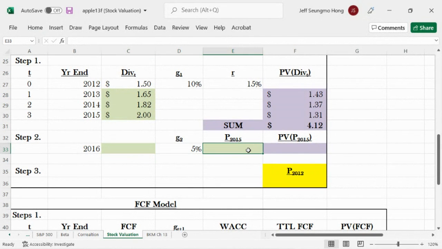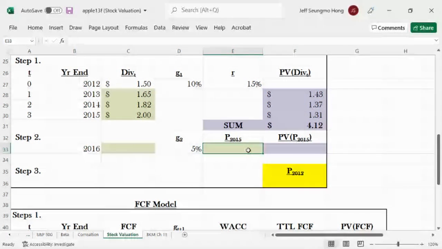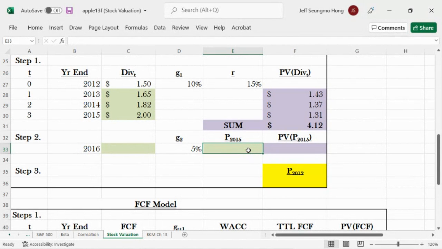So then from 2016 we can use the Gordon Growth Model to find the present value at the end of 2015, right?